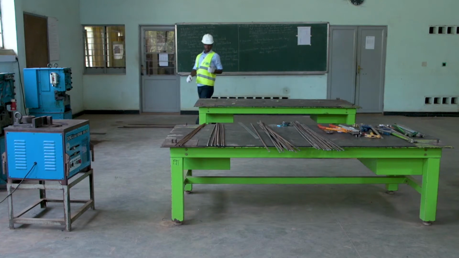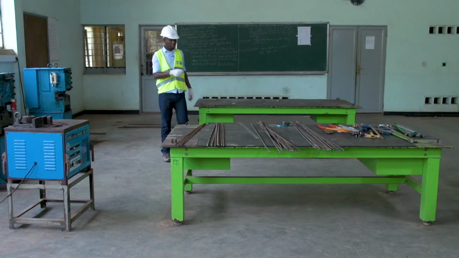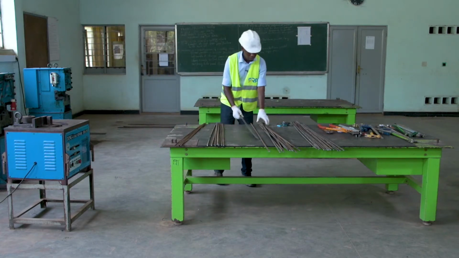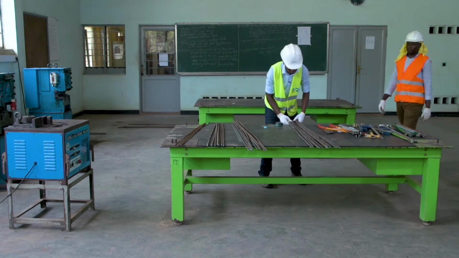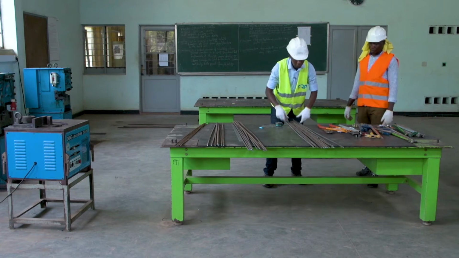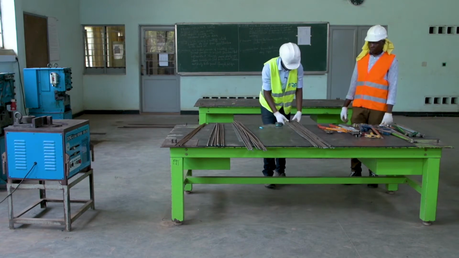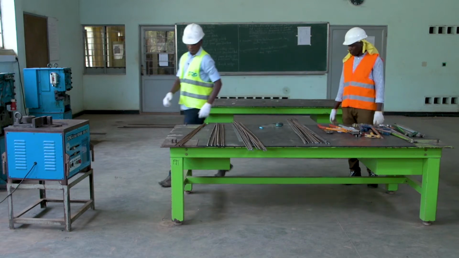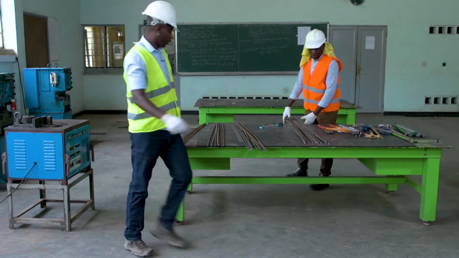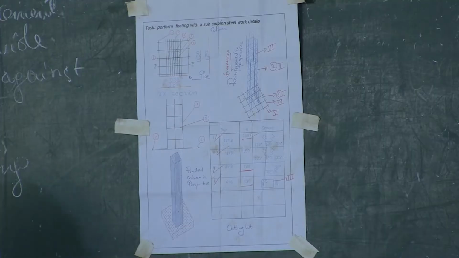On bending, we have a step we call marking. Our steels, we are going to mark 120 and 15 for both sides for bend.